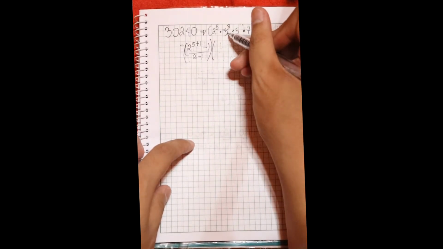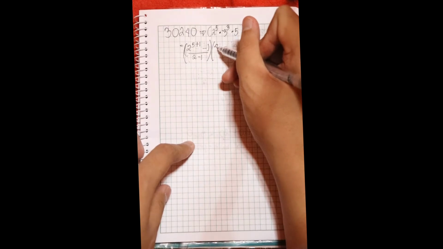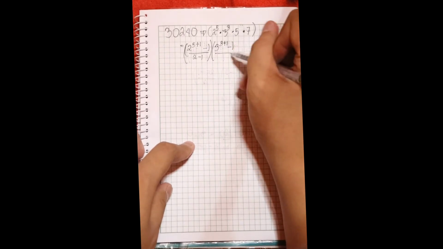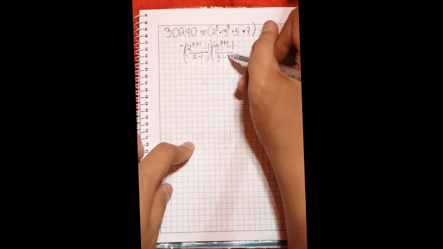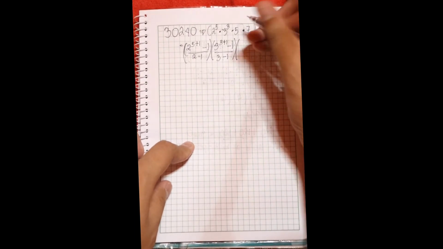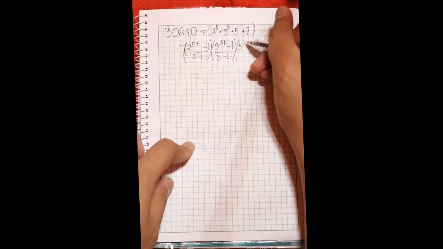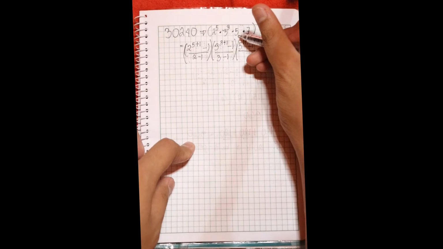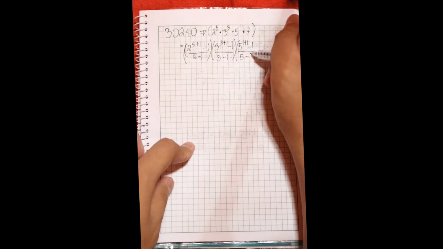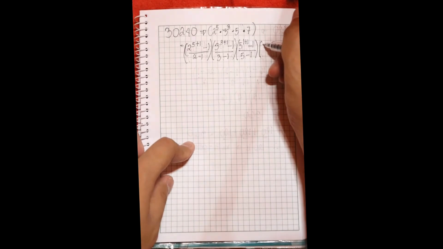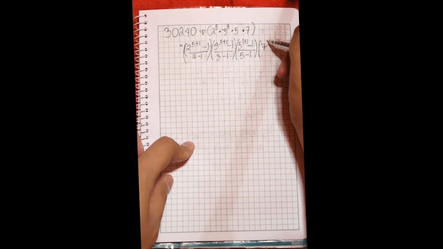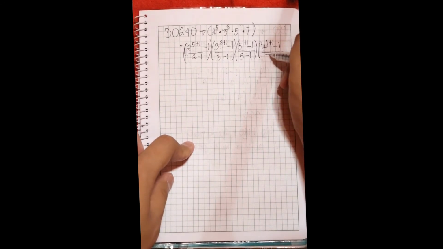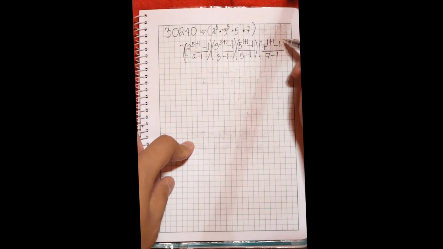Next, 3 cubed plus 1 minus 1 all over the base 3 minus 1. Next, times 5 raised to 1 plus 1 minus 1 all over the base 5, therefore 5 minus 1, times 7, its exponent is 1, 1 plus 1 minus 1 all over 7 minus 1.